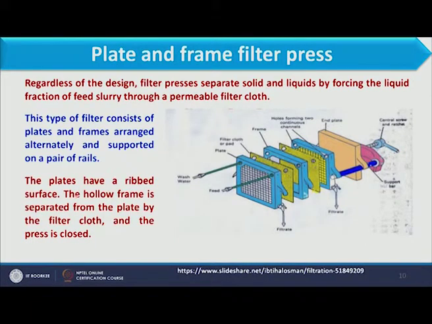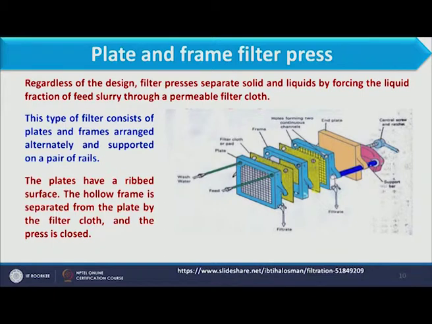Plates have a ribbed surface, which we have already discussed. The hollow frame is separated from the plate by filter cloth and the press is closed. So this is the complete assembly, and how the filtration is carried out, that we have discussed. Once the feed enters, it comes to the filter media.